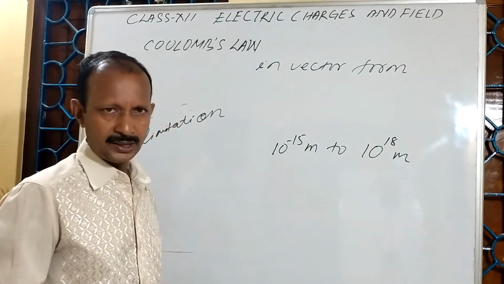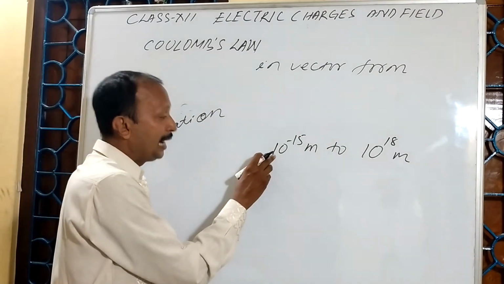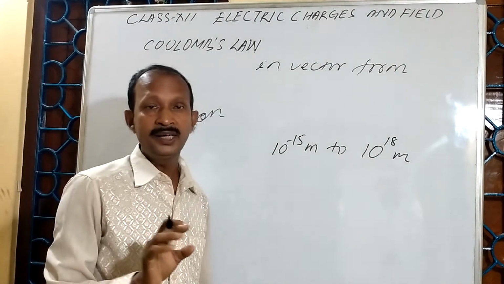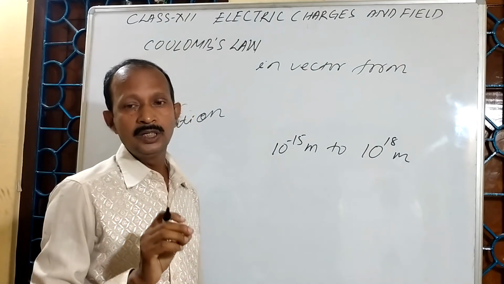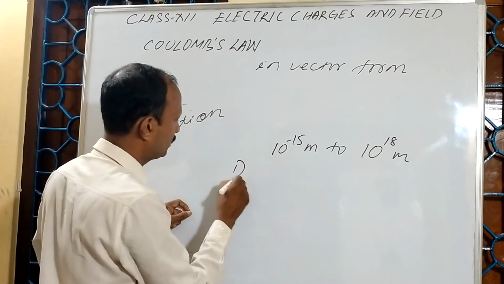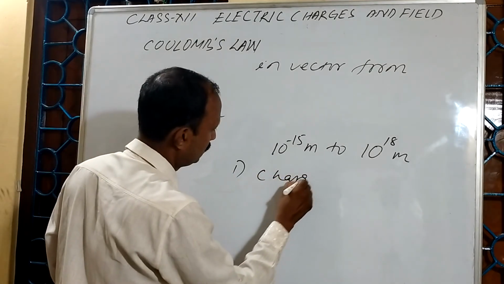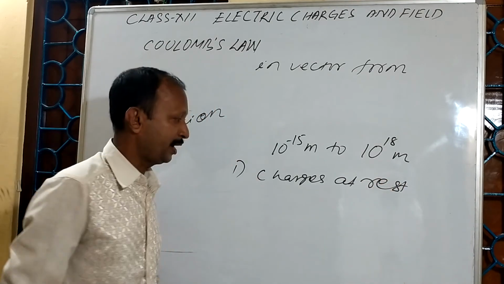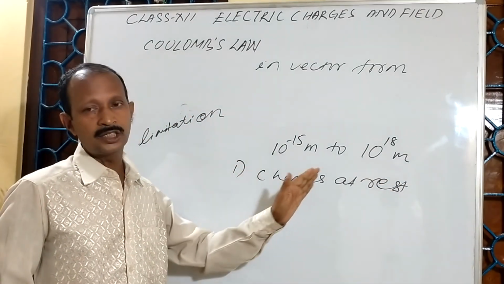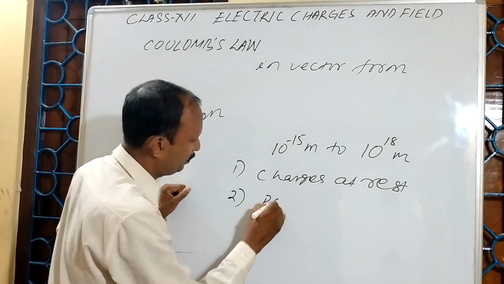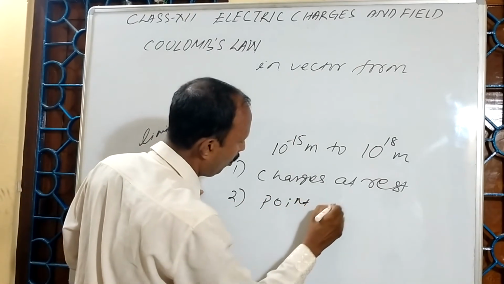If it is less than this nuclear distance, this force will not be effective. So there are limitations. First limitation is that the charges must be at rest. Second point is that it must be point charge.